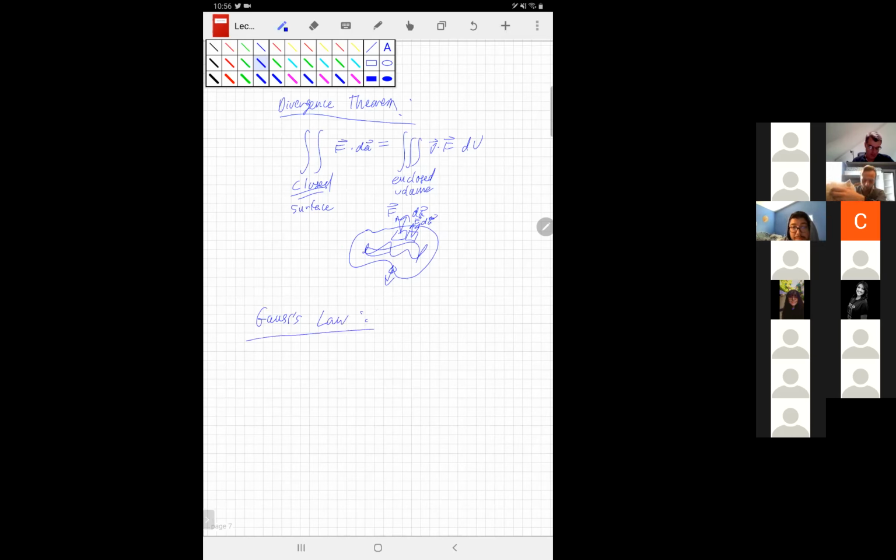Now, Gauss's law says that the double integral of E dot dA is equal to the enclosed charge. And I'm working in Heaviside-Lorentz units, which are, of course, the units that God used on the first day when he uttered Maxwell's equations, and behold, there was light.